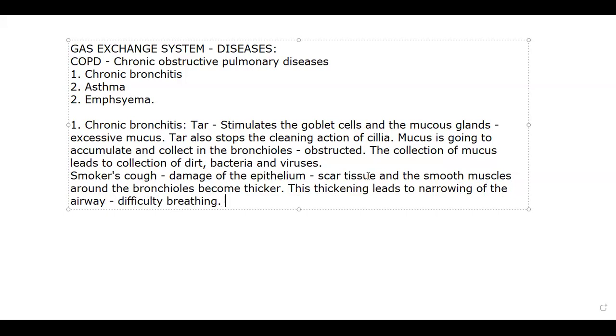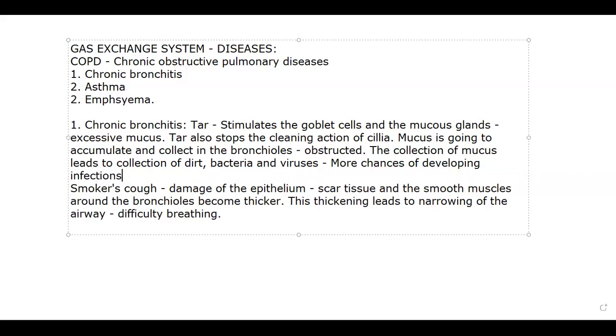Then, due to collection of bacteria, viruses, and dirt, and no cilia to move them away, there's going to be more chances of developing infections. So not only is the person going to end up with scar tissue and difficulty breathing, but they will also have more chances of developing infections, right?